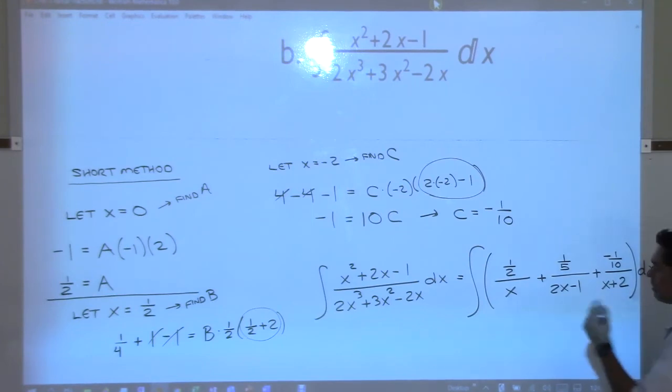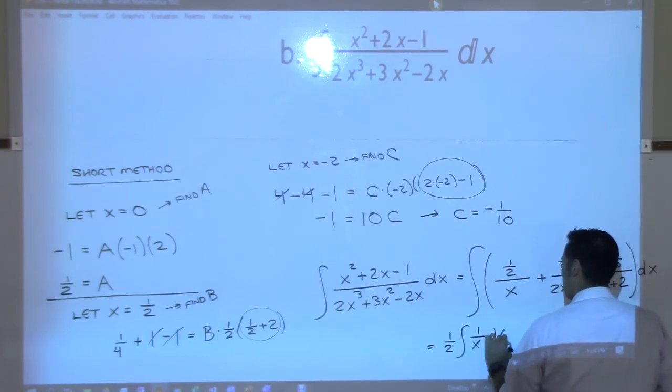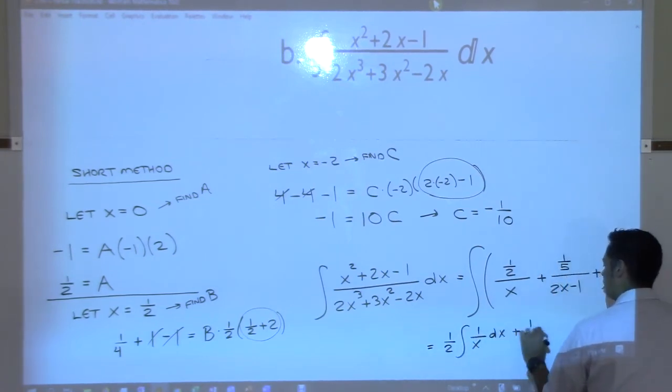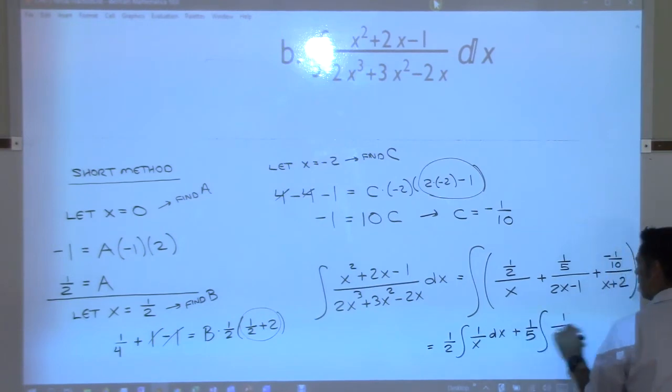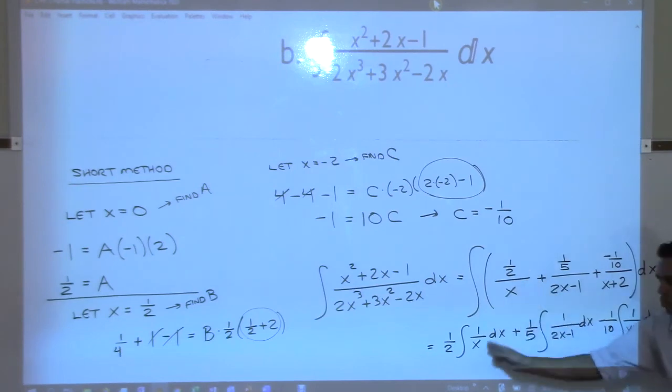Now, maybe one more step, I'm going to pull the constants out, and maybe now you'll see why I left them the way they were. Instead of trying to put this 2 down here and the 5 down here, I just pulled the constants out of the integrals, and I'm going to do them one at a time.